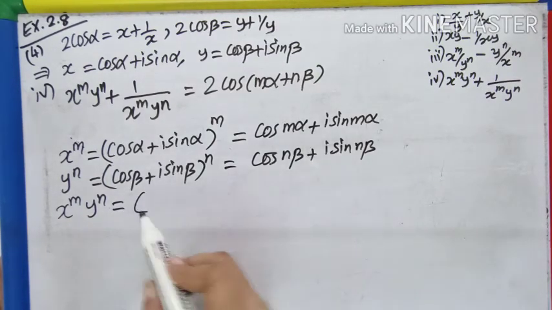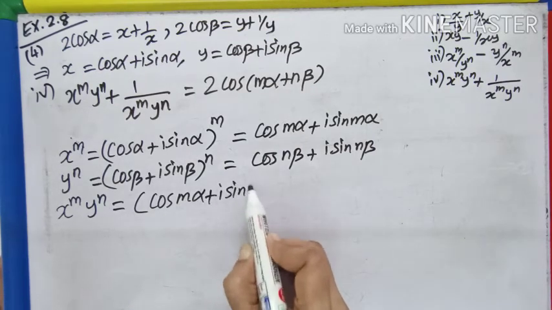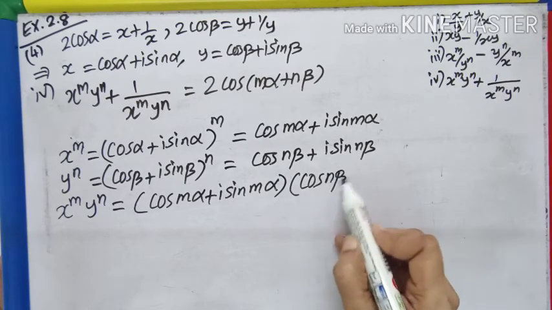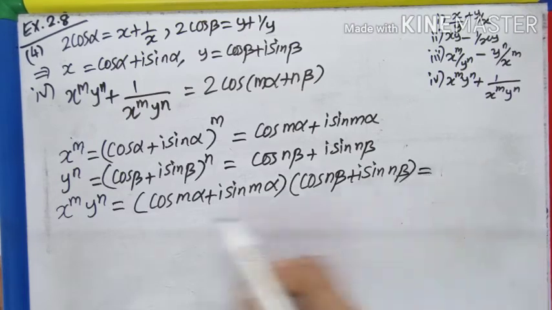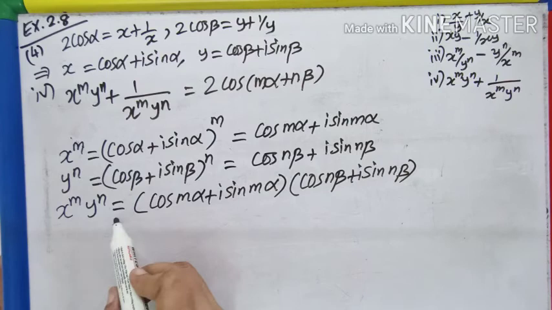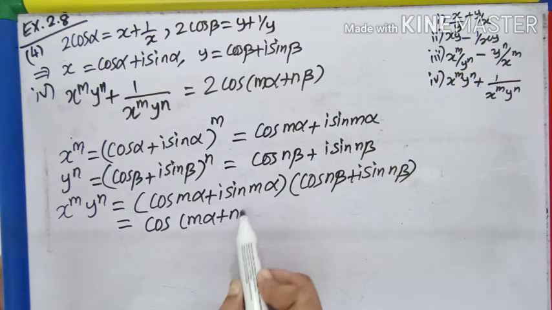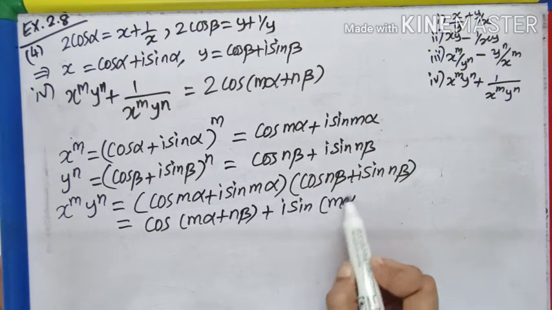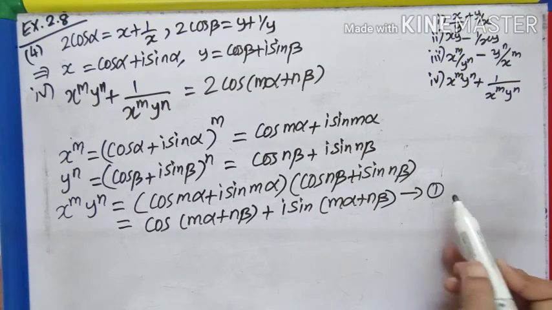That means cos m alpha plus i sine m alpha into cos n beta plus i sine n beta. What do you mean by multiplication? We add the arguments. So that is cos m alpha plus n beta plus i sine m alpha plus n beta. So this let me call number 1.